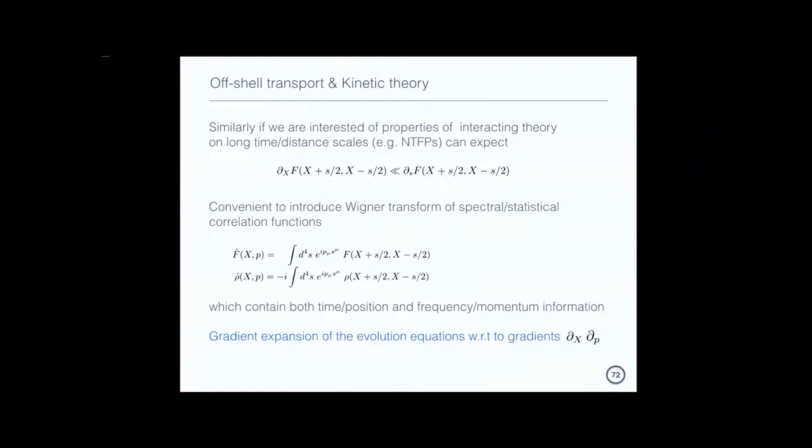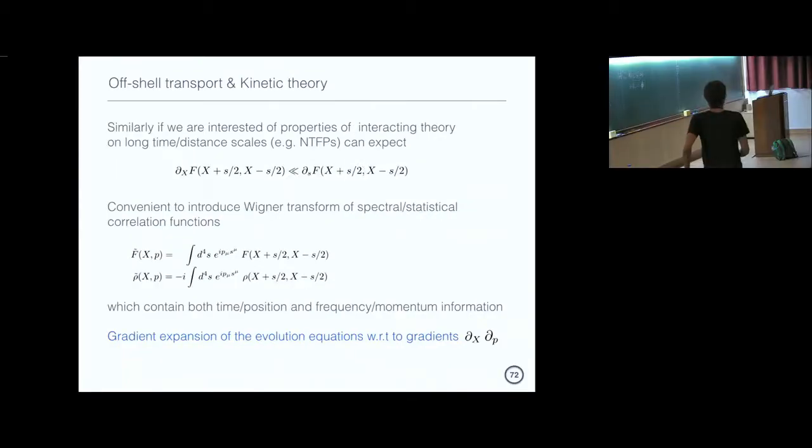What one does is go from having this formulation in two spatial variables to having one spatial and one momentum variable, simply by doing a Fourier transform, which then contains both time and position and frequency and momentum information.